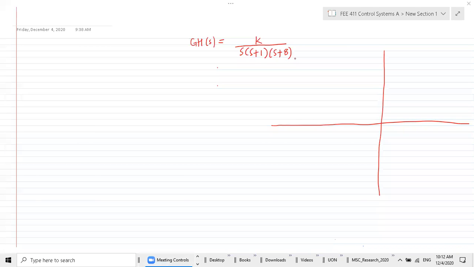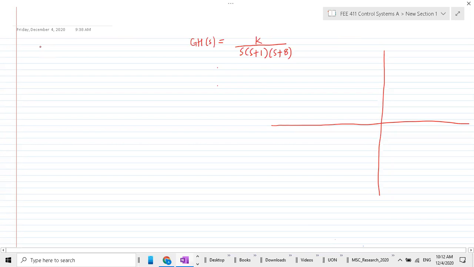So what you need to do first is to identify the poles and zeros. From that expression, we can identify the poles.